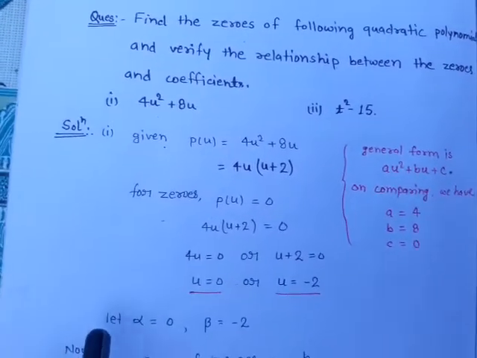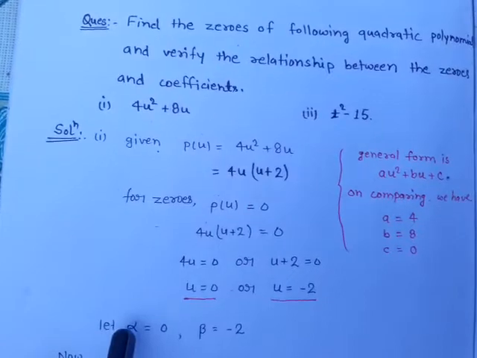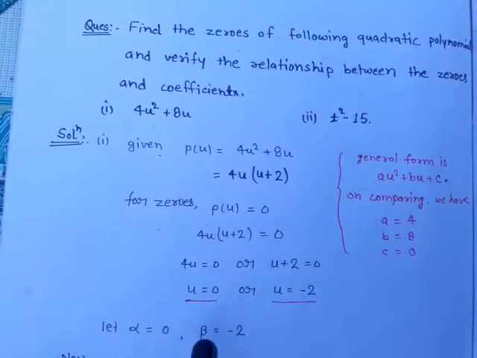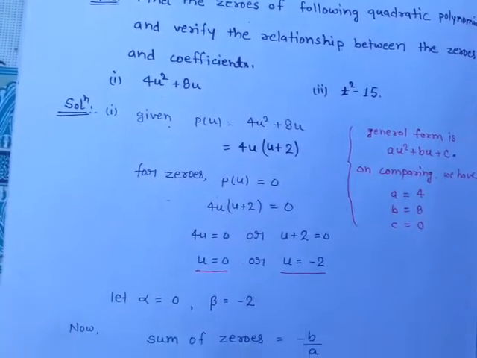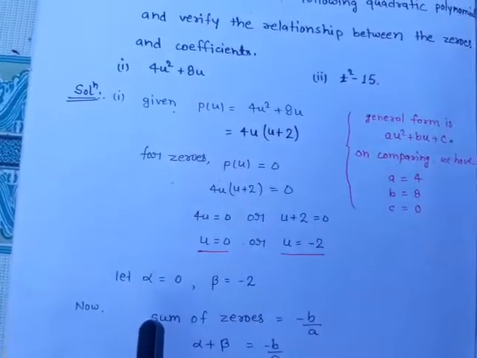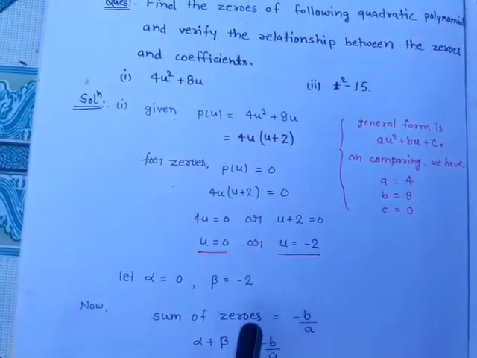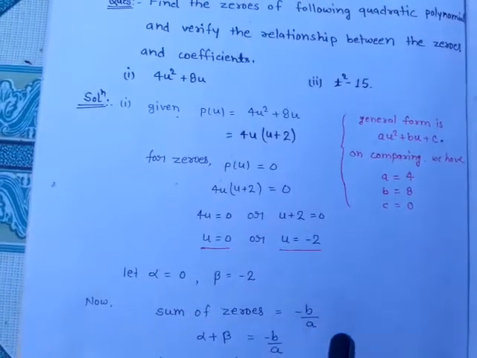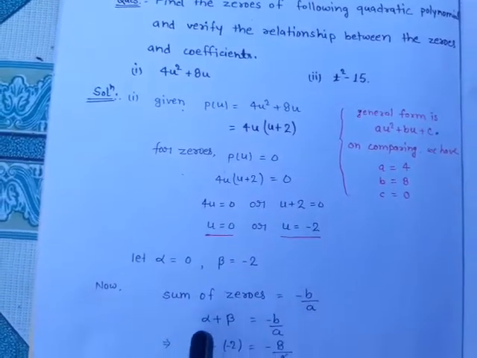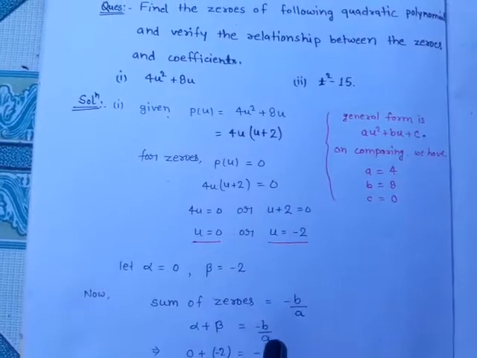Now let us assume the first zero is alpha, which is 0, and the second zero is beta, which is minus 2. Now verifying the sum of zeros, we know that the sum of zeros is equal to minus b by a. This is the format of the sum of zeros of a quadratic polynomial. Sum of zeros means alpha plus beta is equal to minus b by a.